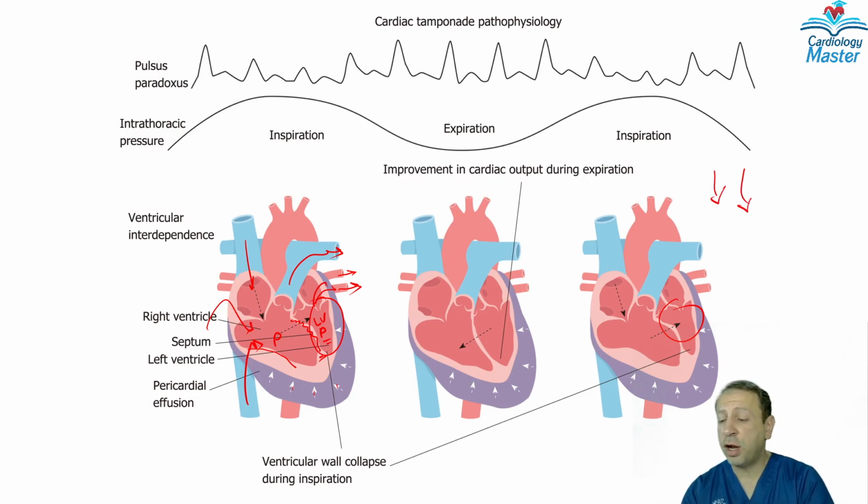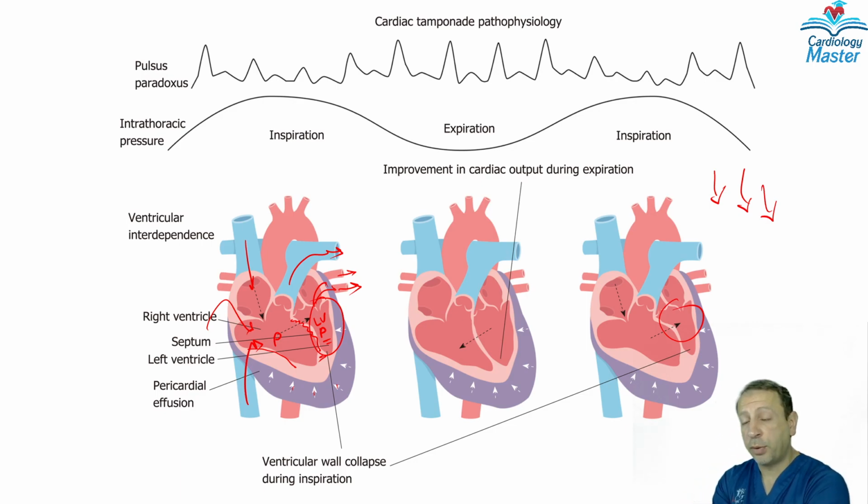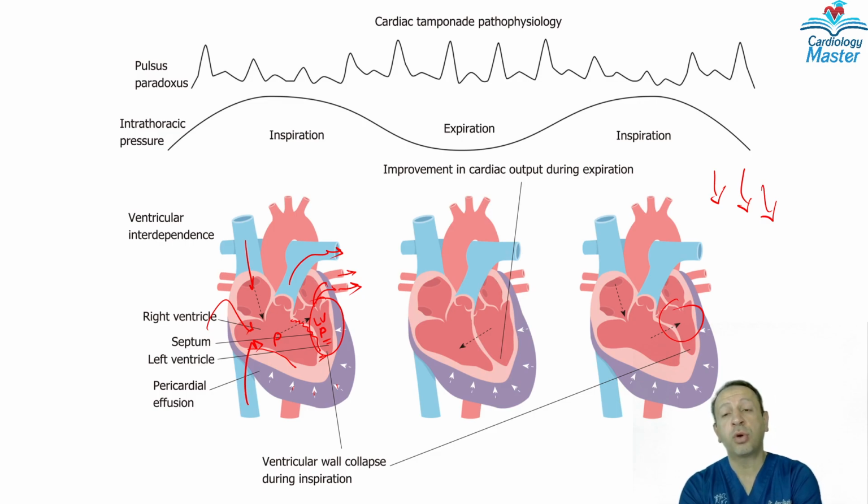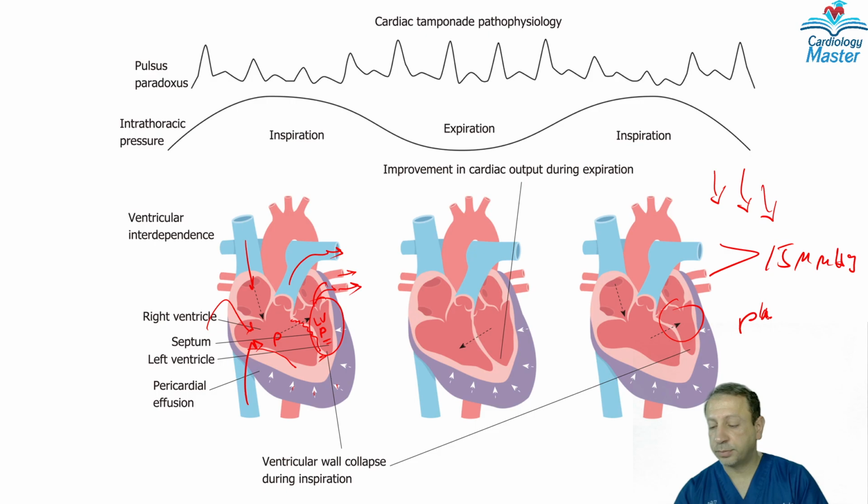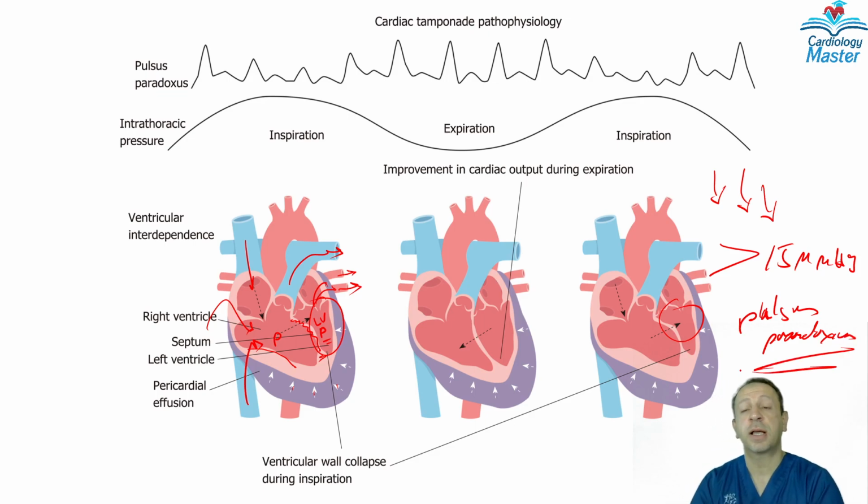There will be a further drop of blood pressure during inspiration during tamponade, and when it drops by more than 15 millimeters of mercury, this is what we call pulsus paradoxus: an exaggerated drop of blood pressure during inspiration in conditions of tamponade.